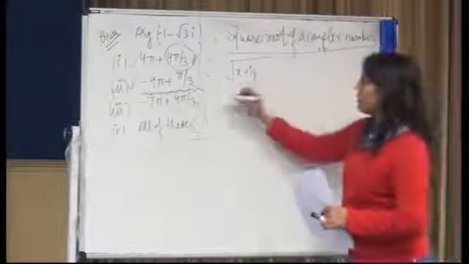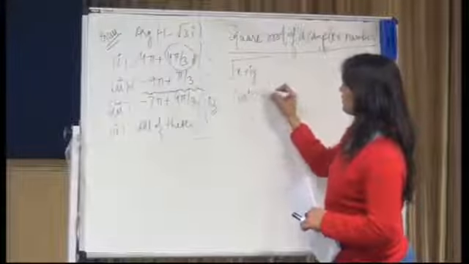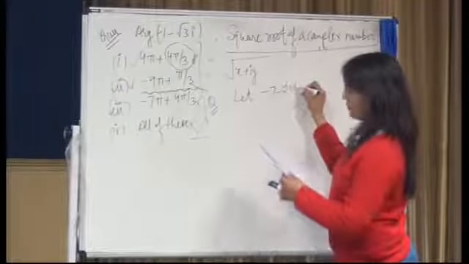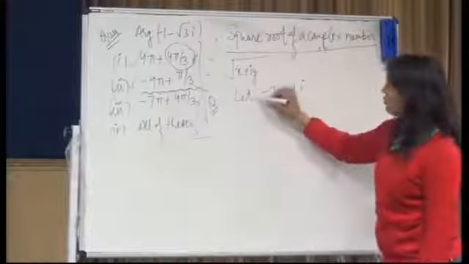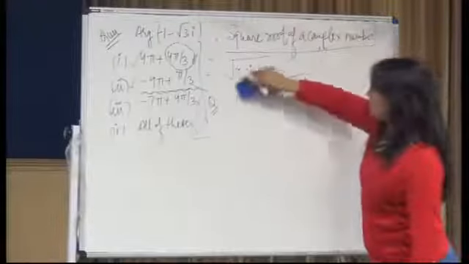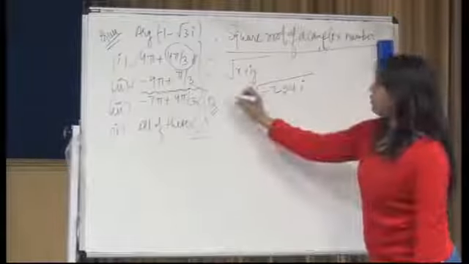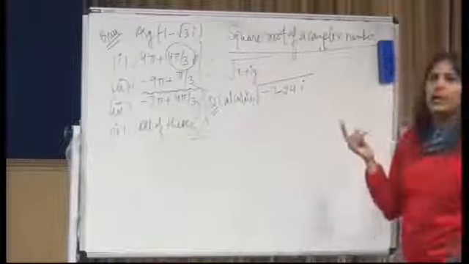I am taking a simple complex number, and that number is the one we are supposed to find. I should not write let, I should write calculate. So calculate this. Fine. How will we calculate it?